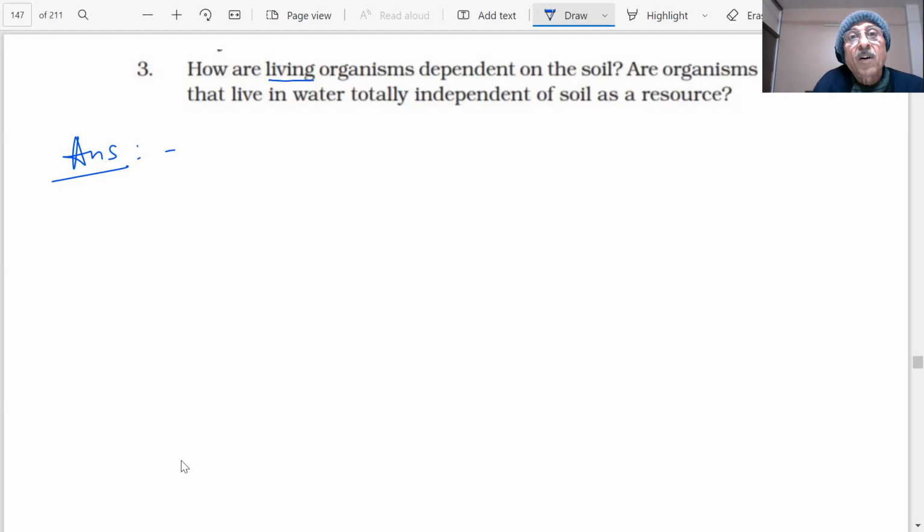How are living organisms dependent on the soil? What does the living organism get from the soil? First thing, what are you getting from the soil? Get food from the soil.